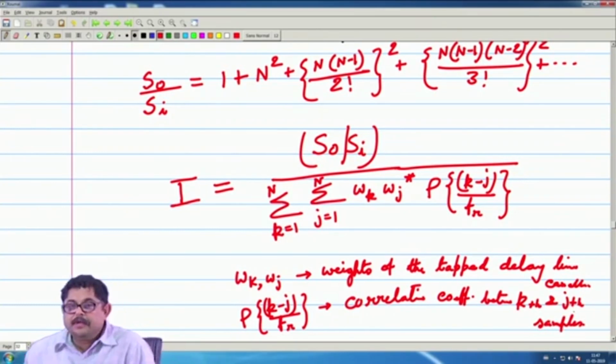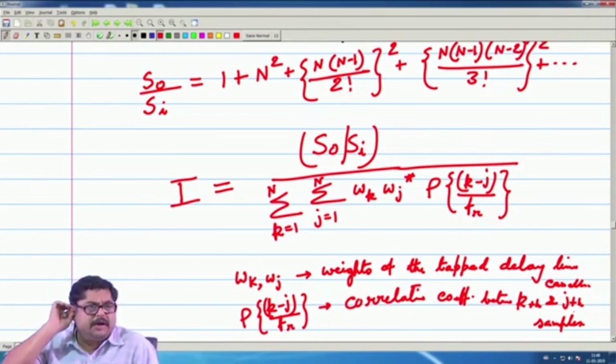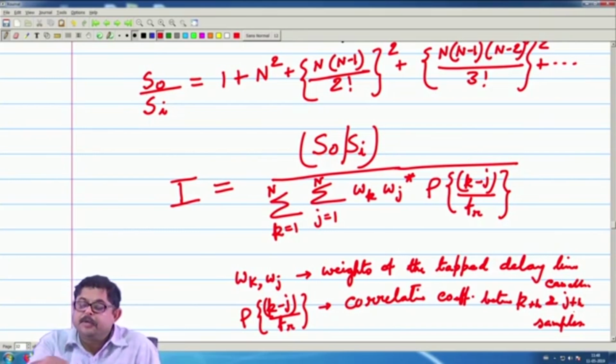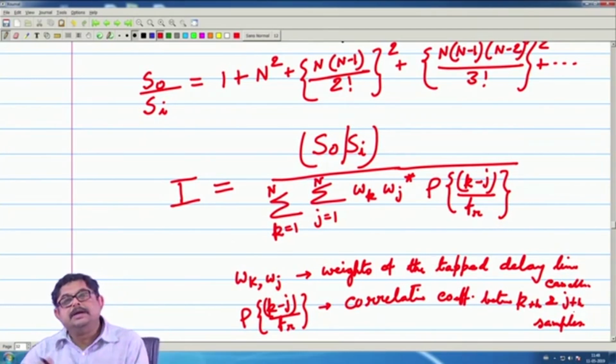If you find that out, then you can find the MTI improvement factor. From the received samples, the echoes that are coming, we can find the correlation coefficient, which nowadays is very easy by digital signal processing. There are electronic tools for this. So, you can find this, and from that you can find S naught by S I. From S naught by S I you can find what N is.